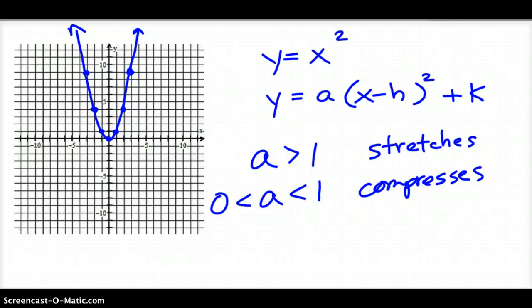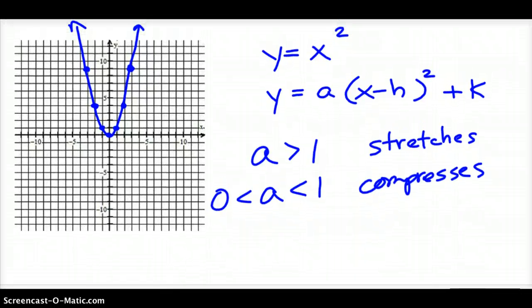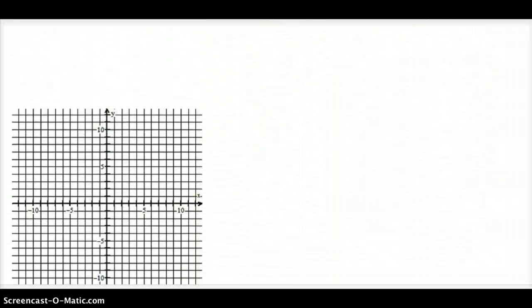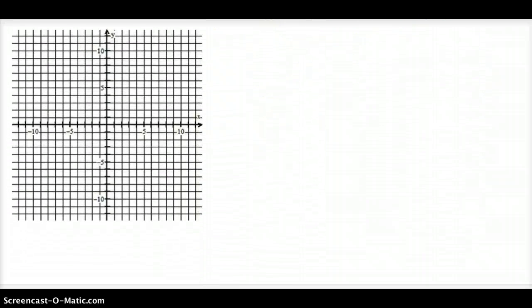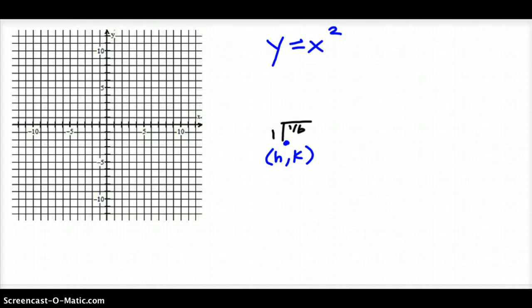So, here's how that change affects the graph. For example, if I have y equals x squared, if you notice the pattern, your vertex is going to be your h comma k. Your distance up to your next point is 1, and then your distance over ends up being the reciprocal of b, which we'll talk about in a second.